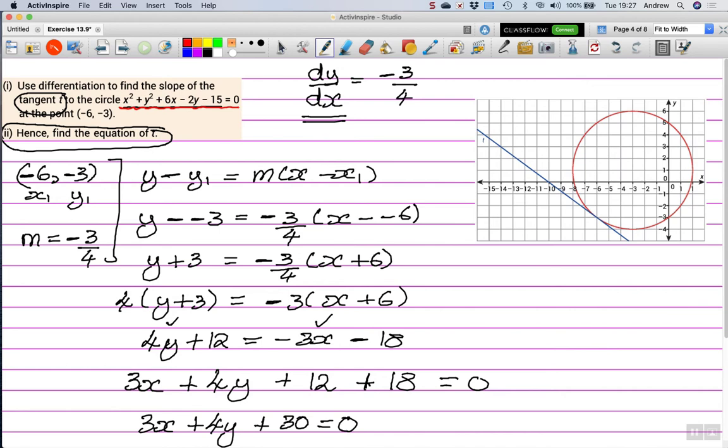And what we were looking at was the equation of a tangent. A tangent, this is the line which is called a tangent, the blue line. It's a line that actually touches a circle at the given point. And of course, the given point was at the point minus 6, minus 3. You weren't asked for a geographical representation of the situation, but I just wanted to show you anyway.